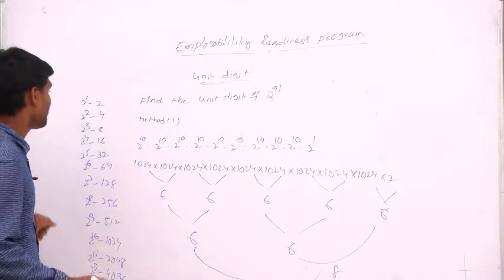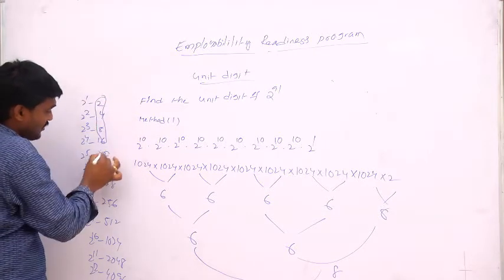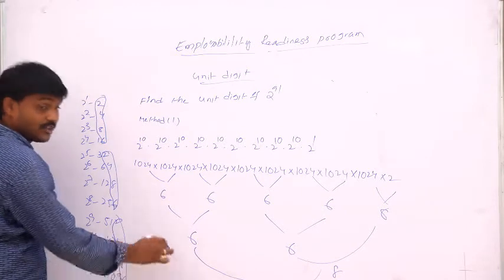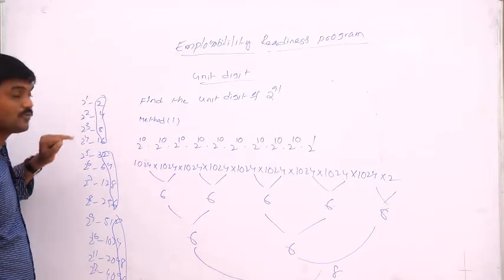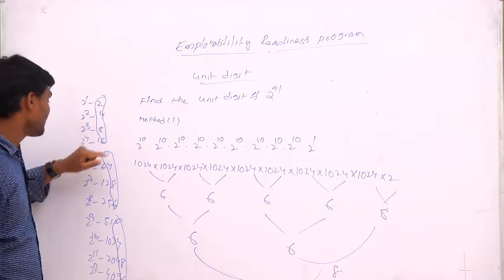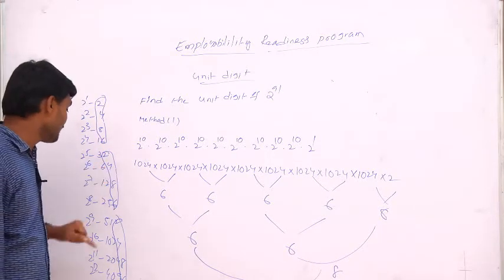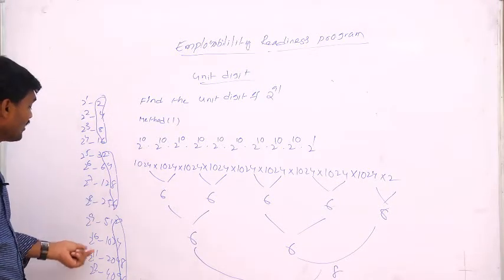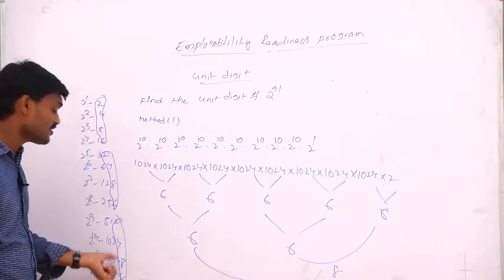The alternate method: for 2 power any number, the unit digits are 2, 4, 8, 6, 2, 4, 8, 6, and so on. You can observe clearly: 2 power 1 equals 2, 2 square equals 4, 2 cube equals 8, 2 power 4 equals 16, 2 power 5 equals 32, 2 power 6 equals 64, 7 equals 128, 8 equals 256, 9 is 512, 10 is 1024, 11 is 2048, 12 is 4096.